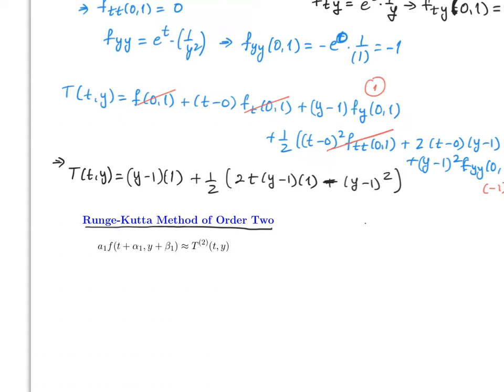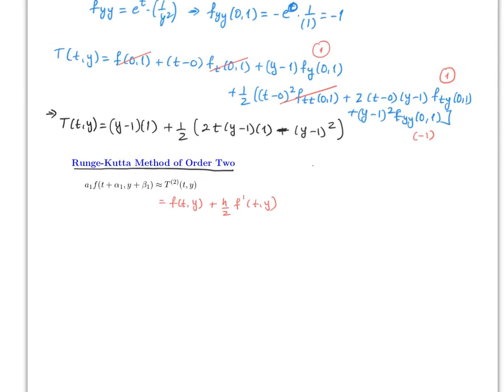Remember that this was equal to f(t, y) plus h over 2 f prime(t, y). However, here you have to keep in mind that we're dealing now with partial derivatives. Recall, and this is from calculus 1, the f prime(t, y), remember that's what we're trying to avoid computing.